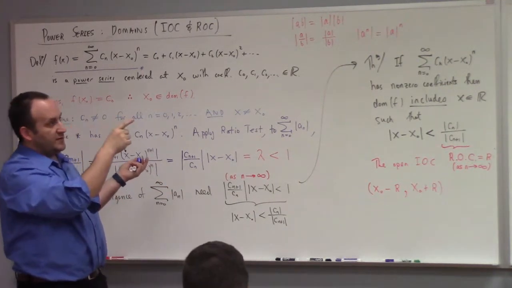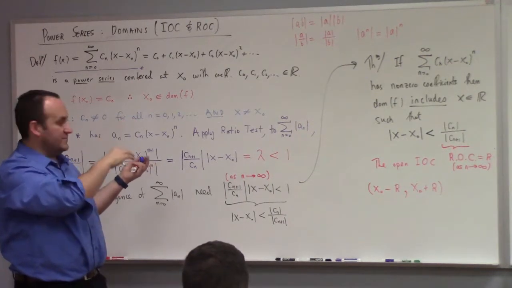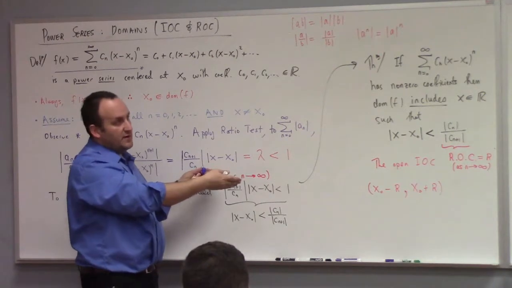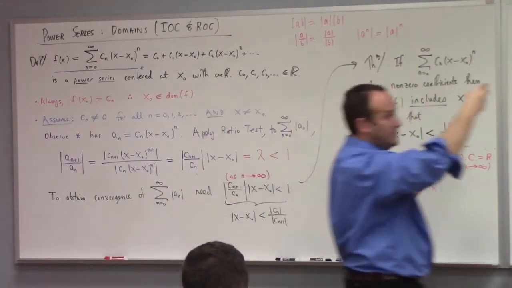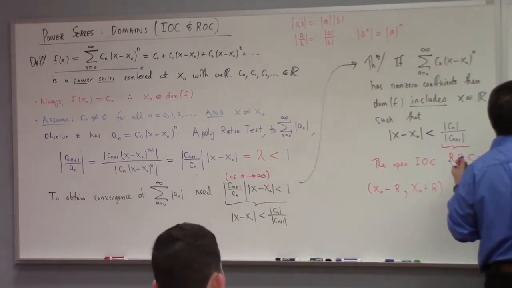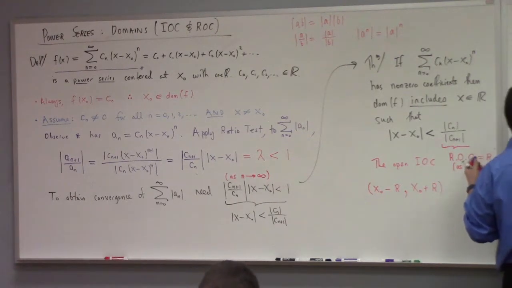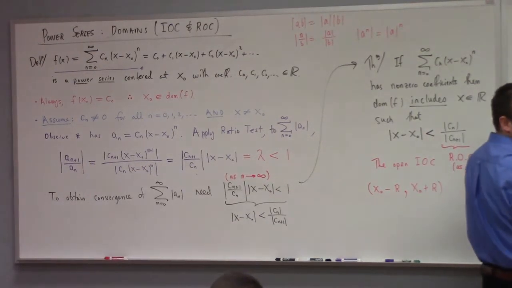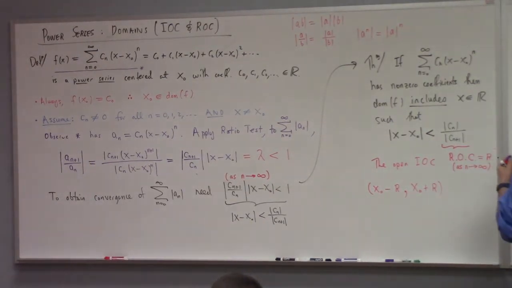But suppose it goes to 0, then we get lambda equal to 0, which means there's no condition whatsoever on x. Everything is in the open interval of convergence. What happens if you flip this? Cn over Cn plus 1, what would that be? If this goes to 0, what does the reciprocal of it go to? Infinity, right? So that's quote-unquote r.